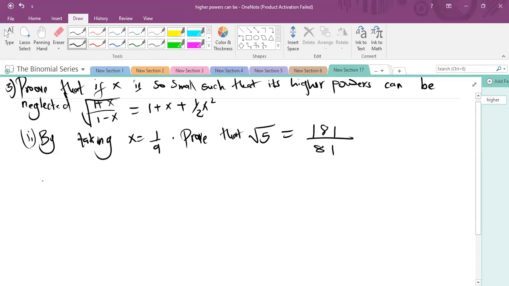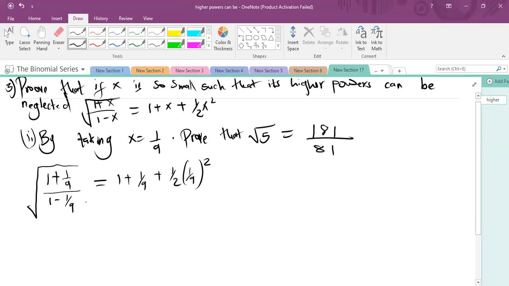So in my values, instead of writing x, I will write 1 over 9. 1 minus 1 over 9. And remember, what I want to show is that root 5 is equal to 181 over 81. So on this other side, 1 plus, where there's x, I put 1 over 9, plus 1 over 2, where there's x, I put 1 over 9 squared. Now, simplifying this, 1 plus 1 over 9 is the same as 9 over 9 plus 1 over 9, which is 10 over 9.